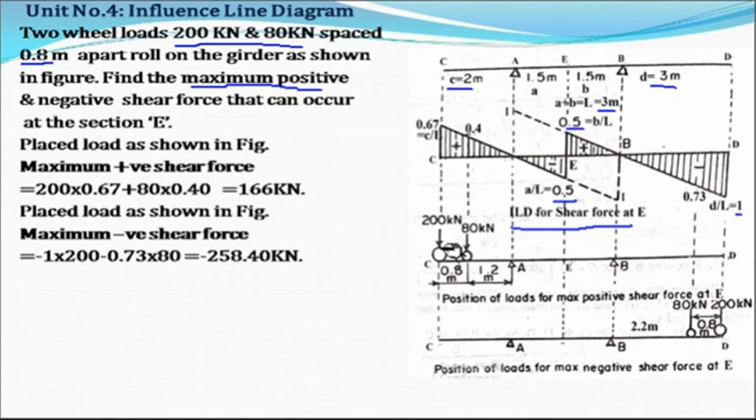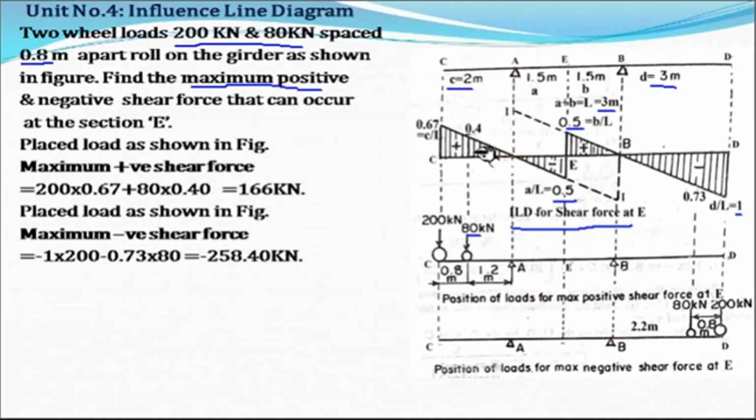So below the point load, the ordinate should be the maximum. So here as the ordinate is maximum, 200 kilonewton should be placed at point C. Okay, and on the right hand side at 0.8 meter you have to place the another point load, that is 80 kilonewton. Okay, already we have found out this ordinate.